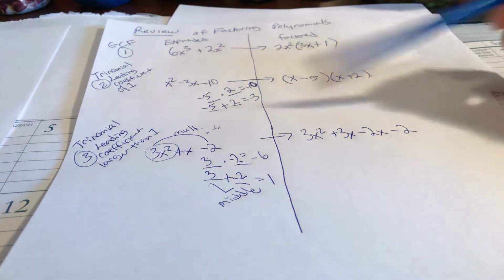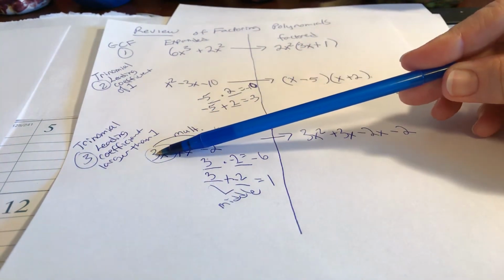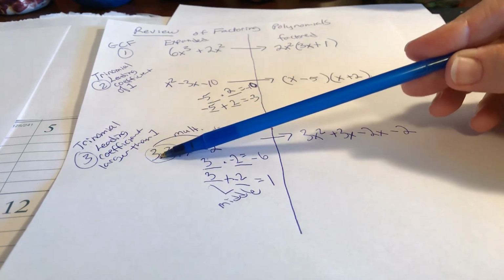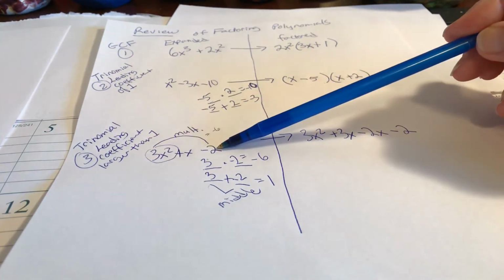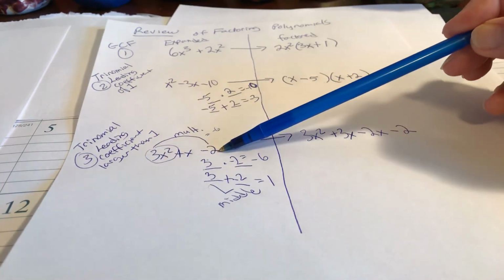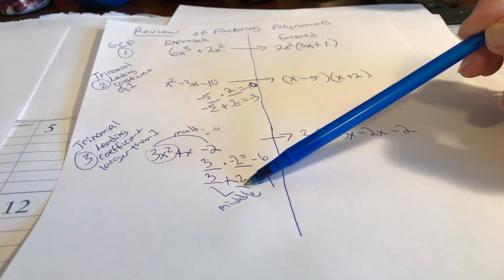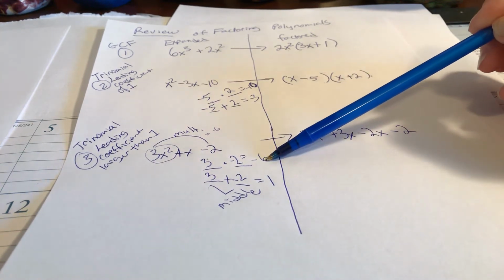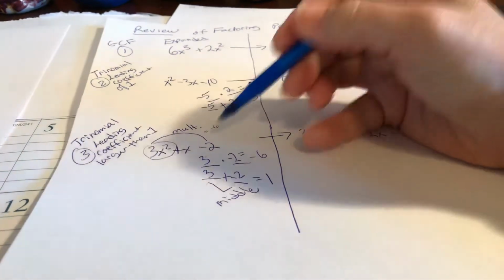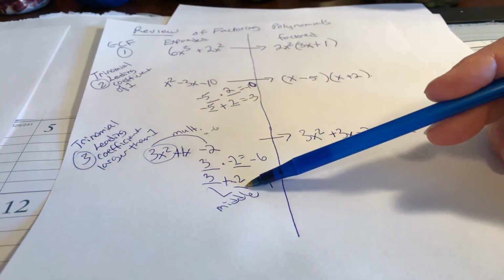Okay, so one more time, I'm not finished. When there's a number that's not 1 in front of the x squared, multiply this first term by the last, well, really the coefficient. So 3 times -2 is a -6. Two numbers that multiply together to equal -6, but add to the middle, which is 1, are 3 and -2.